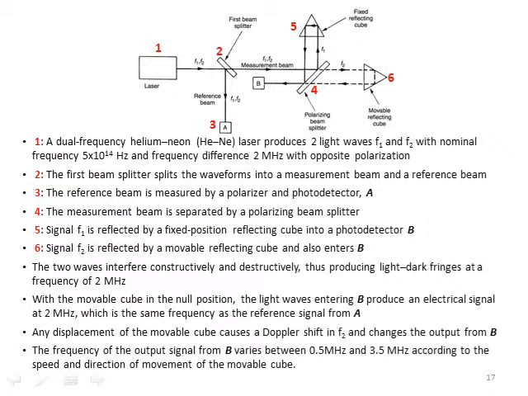But essentially what's happening is that this arrangement allows you to collect the measurement beam F2 that travels a different path between point 4 and point 6 because that cube is moving, than the fixed reflecting cube laser beam path, which is F1.